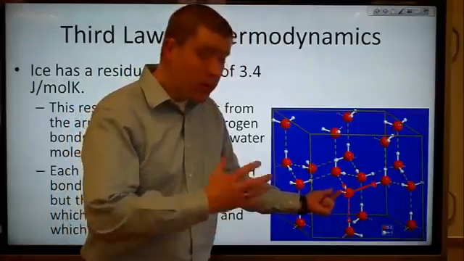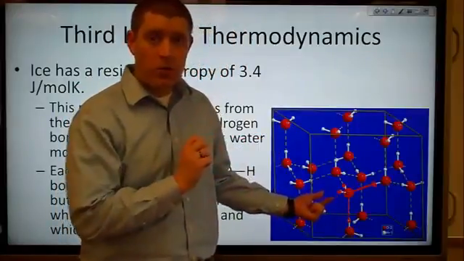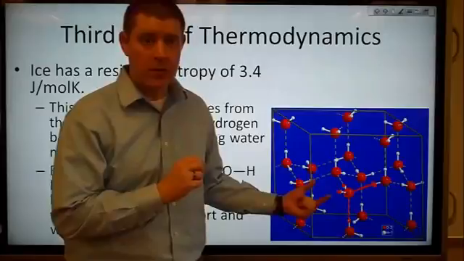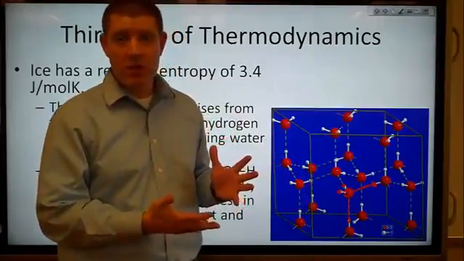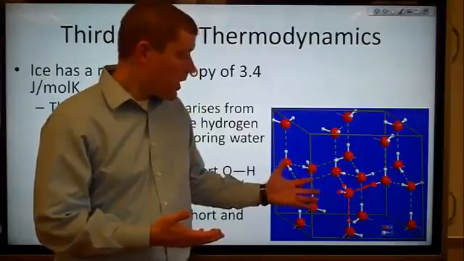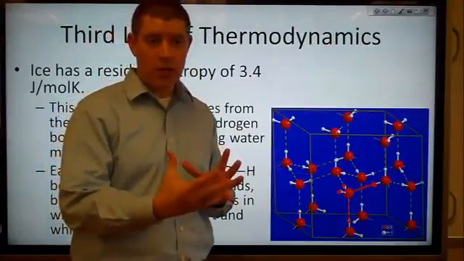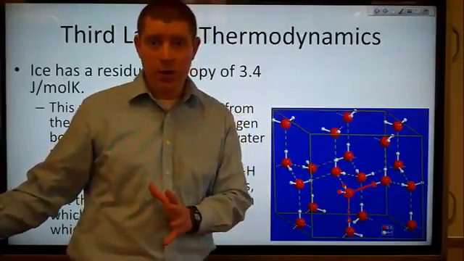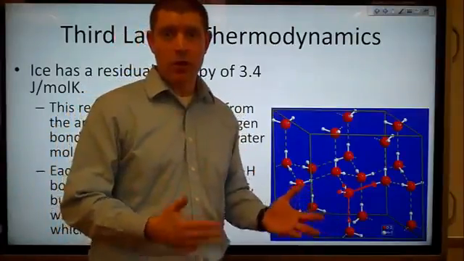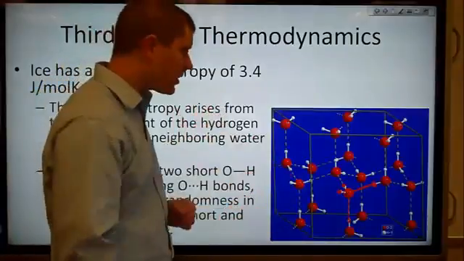Which orientation those two covalent bonds are in, as opposed to the hydrogen bonds, is basically random within the structure. It's not like the hydrogen bonds are always pointing one direction and the covalent bonds another. There's a good deal of disorder there. It's basically random on a large scale.